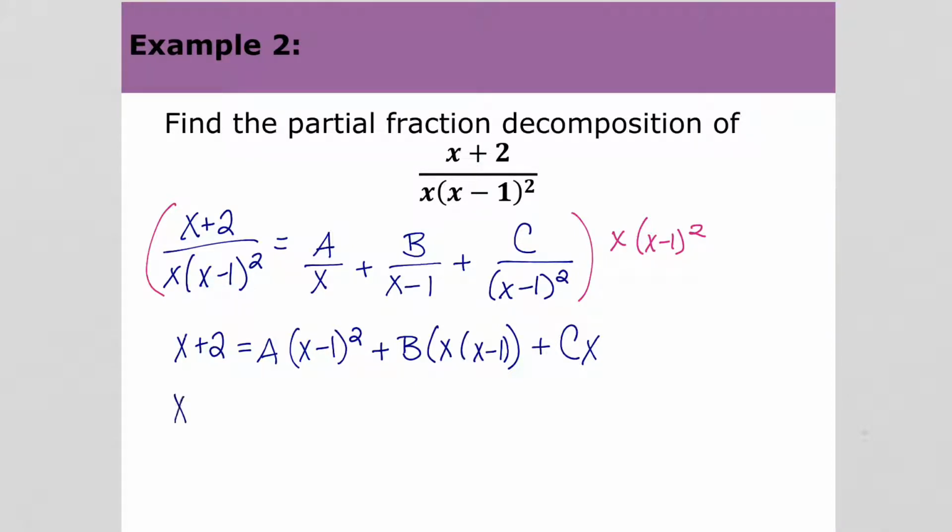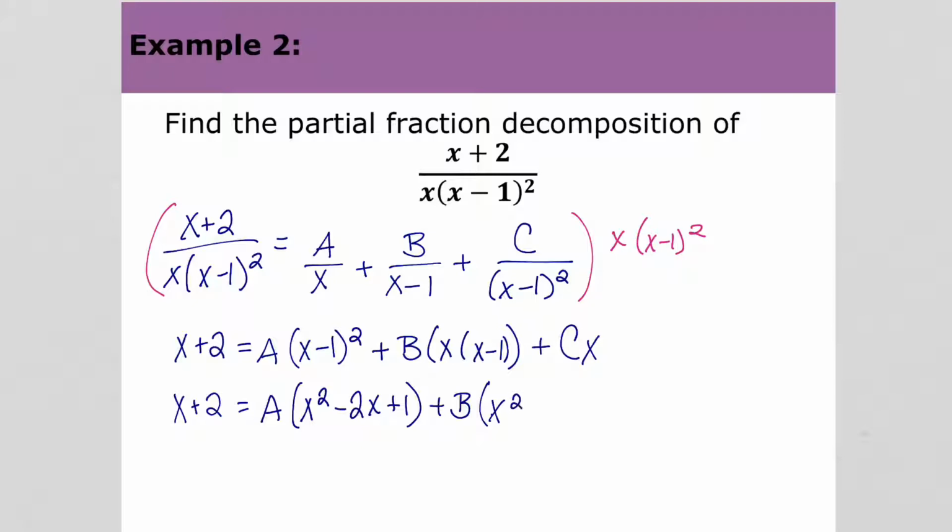Okay, so we go through here and just do some algebra. We've got to FOIL our x minus 1 squared there. That gives us x squared minus 2x plus 1. For this next one, we've got to distribute through. Let's just distribute the x first.